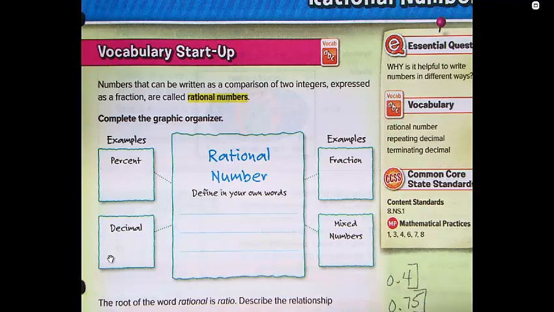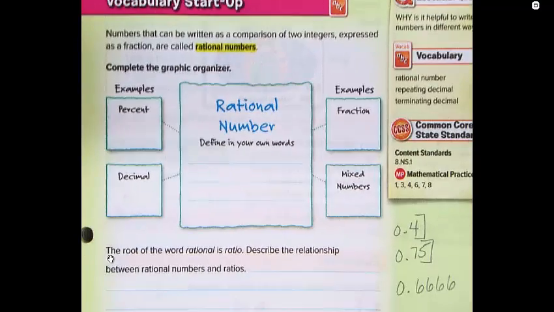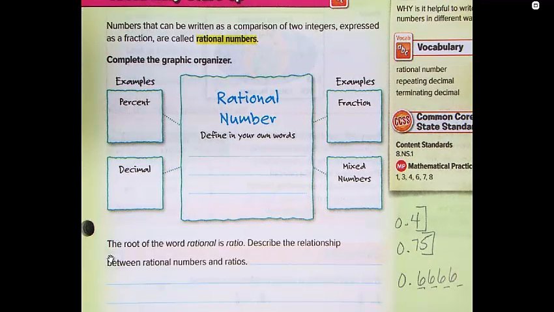So let's do one that repeats. This would also be a rational number because it has a pattern. It has 6s as the repeating number. So this is a rational number. An example of a number that is not rational is a number that does not repeat and does not have a set end.